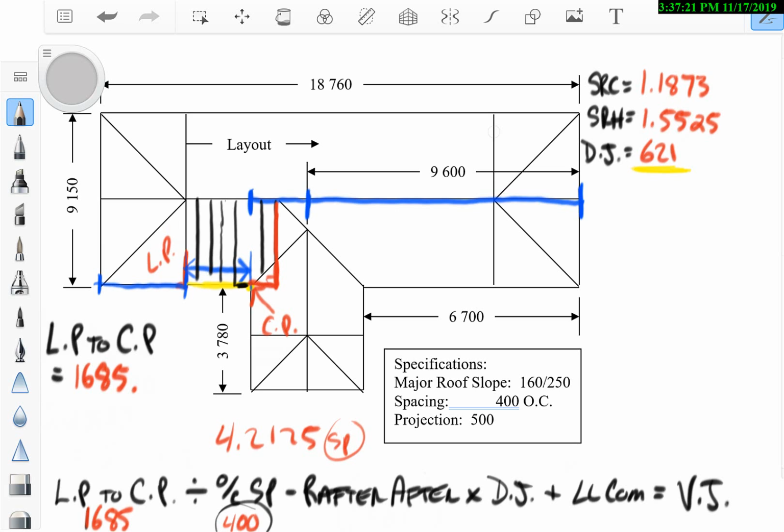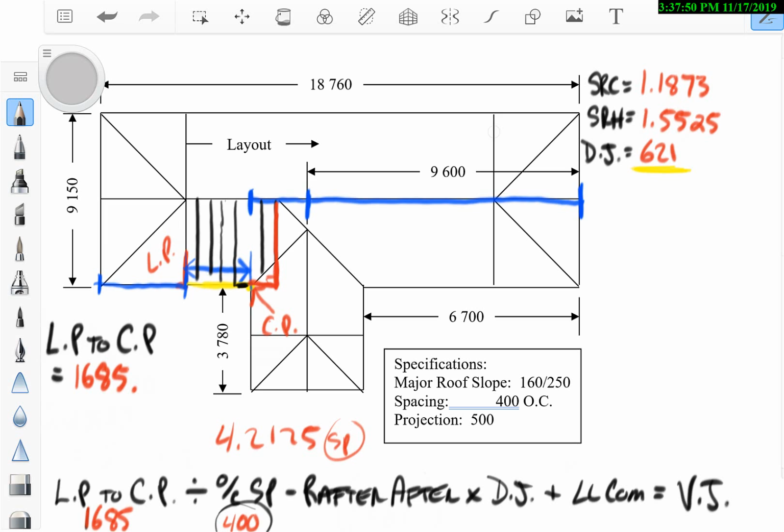You can almost make a little right triangle there. How far is that distance? We can simply take that distance, which is comparable to the reduced run from our major common rafter, and multiply that amount by our difference in jacks. So we have 4.2125 spaces or rafters to our change point.